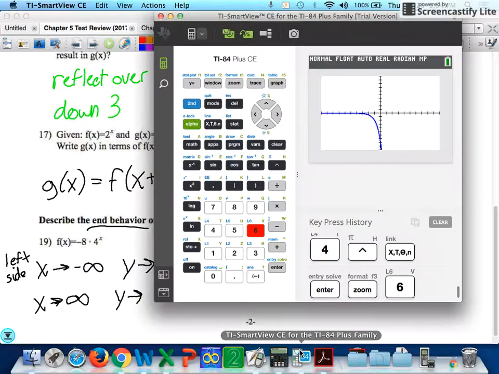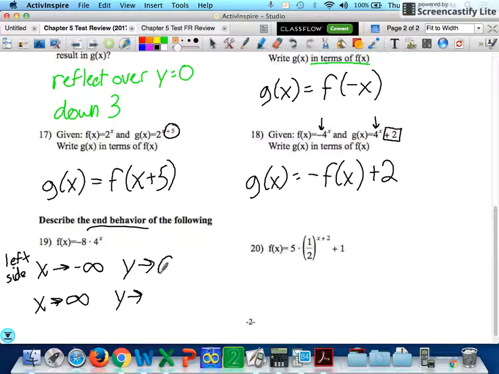And we want to know, what does y approach as we do these things? So we look at the left side of our graph. As we go to the left, this is leveling off. And it's leveling off at that horizontal asymptote. Well, that horizontal asymptote's right here on this axis. It's at 0 on our y-axis. Remember, this is all in terms of y, in terms of up and down. So this levels off at 0 on this axis, which means as we approach negative infinity, we approach 0.